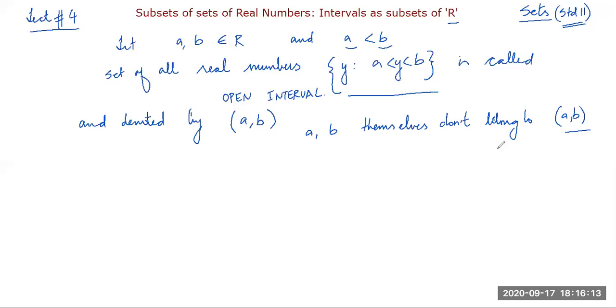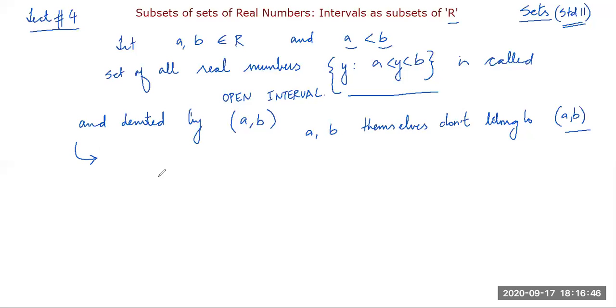Somebody comes and he writes on the board, fresh fish. A customer comes and says, oh, you have fresh fish? You have stale fish also? He says, no, it's written fresh fish. No, I just asked, he said. So when you say that A and B do not belong to the set, automatically it comes to mind that there must be another interval where A and B also belong to that subset. Well, that is known as a closed interval.